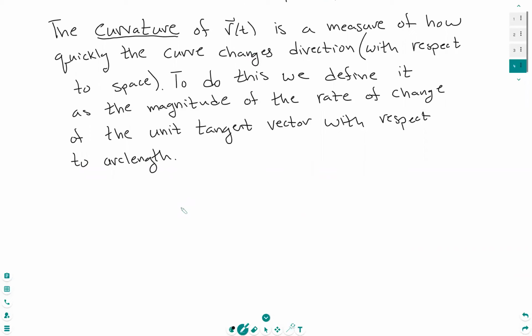And curvature is defined as a scalar, and this is a kappa. So it is the magnitude of how the unit tangent, capital T, is changing with respect to arc length. Arc length is typically denoted by s, so an infinitesimal amount of arc length is referred to as ds in this context.